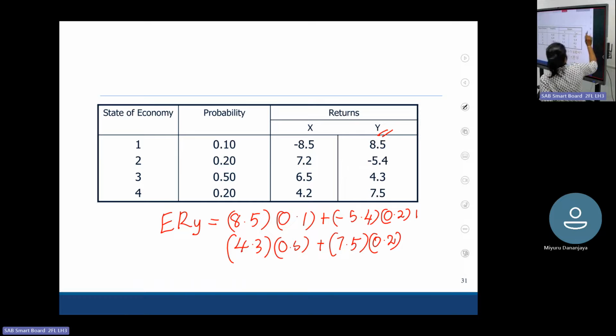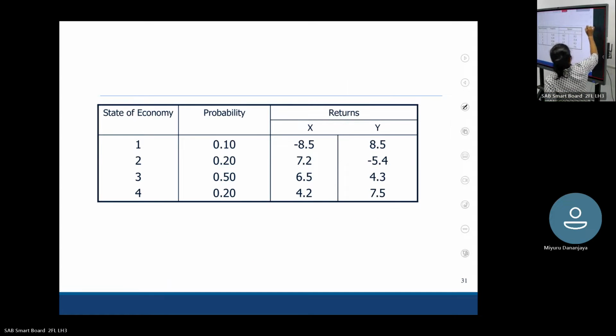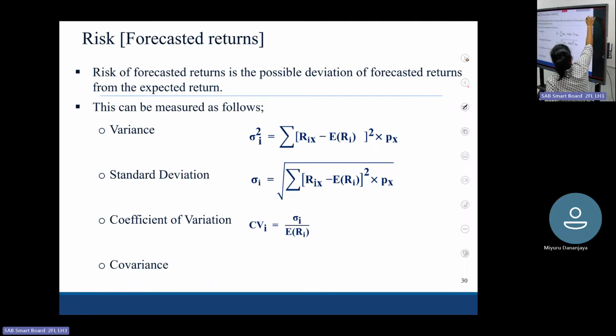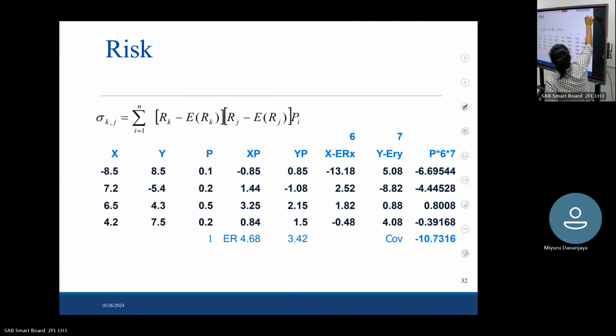What are the answers? The expected return. I think the answer for X, expected return is 4.68. Expected return for Y is 3.4.